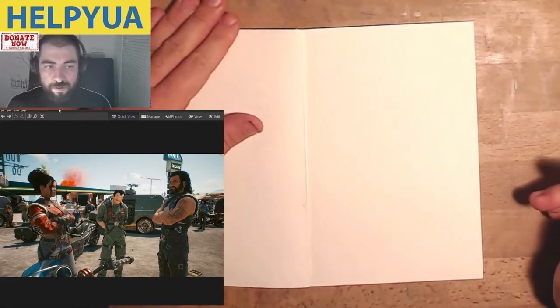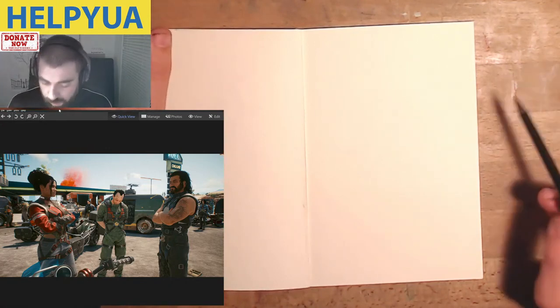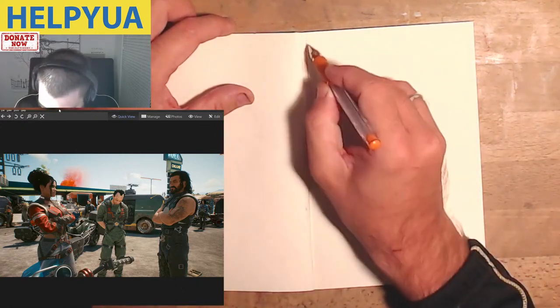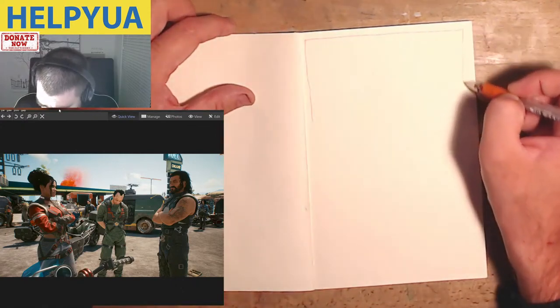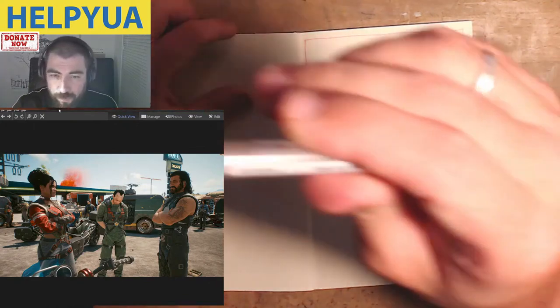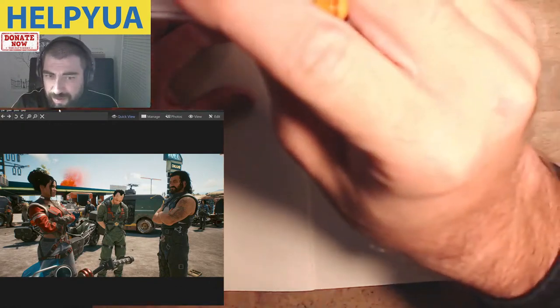I have a new setting with cameras, now it's much easier to draw. Okay, so we have this frame. Horizon line somewhere.